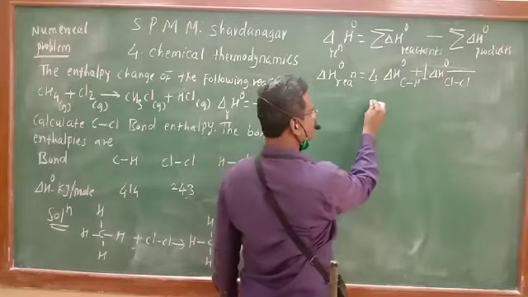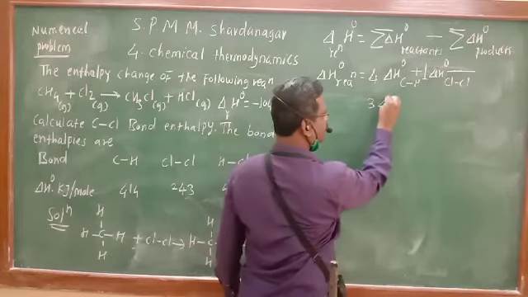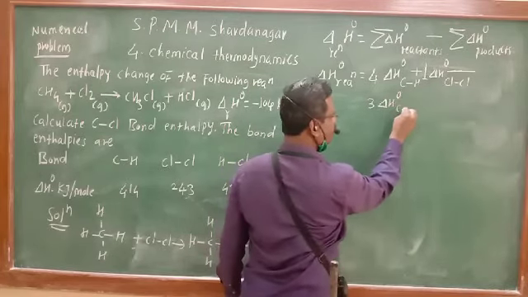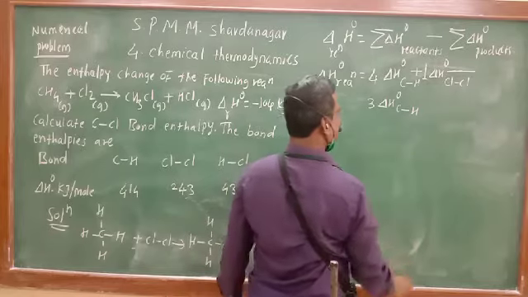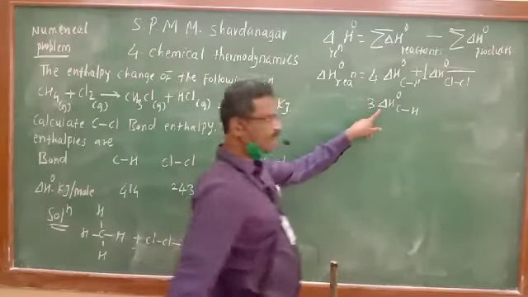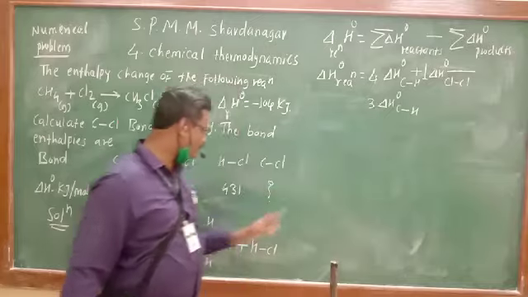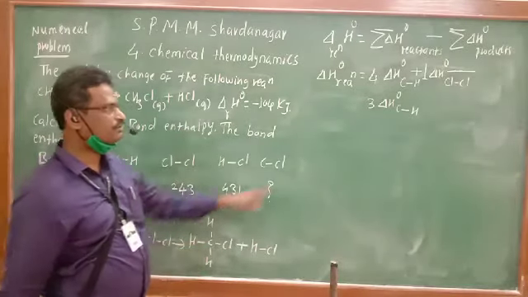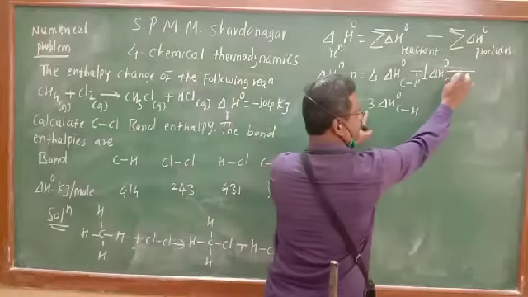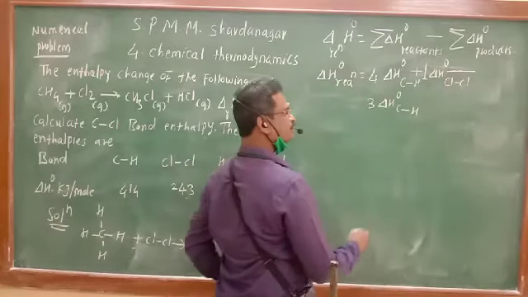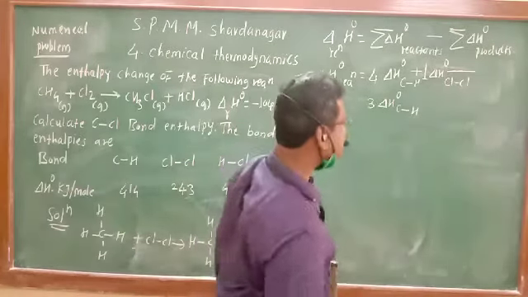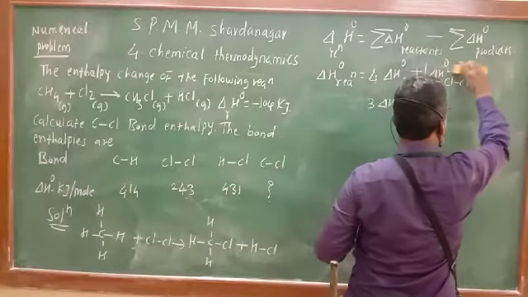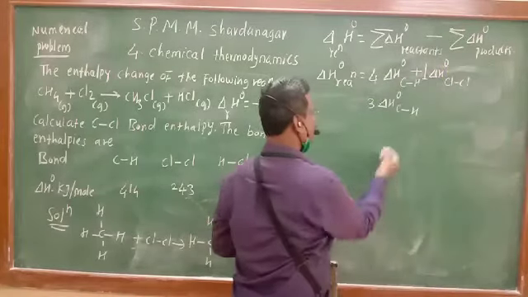First one, 3 delta H naught of CH. Why is this multiplied by 3? Because 3 bonds are formed. So it has a minus sign. For that minus sign I am writing here so that you will easily come to know.